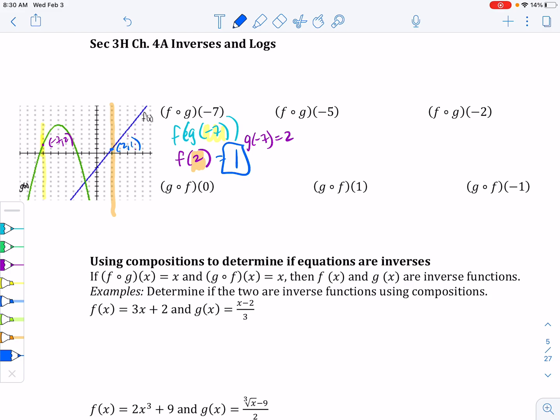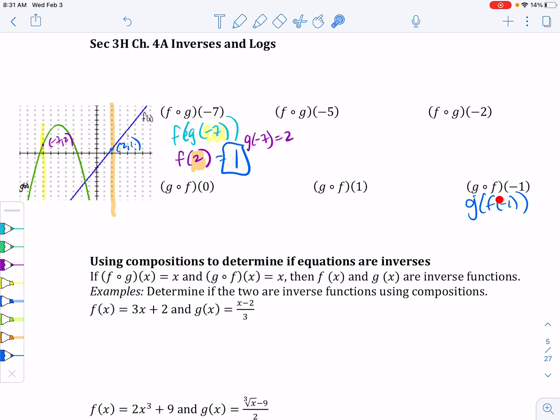If we look at this one, the g of f of negative 1, okay, we want to look at the x value of negative 1. Now at negative 1, we want to be looking at f. So they cross right here, both of them. I mean, these are still graphs. This would have had to be extended, and this would have had to be extended, but you can see both of them on this part.